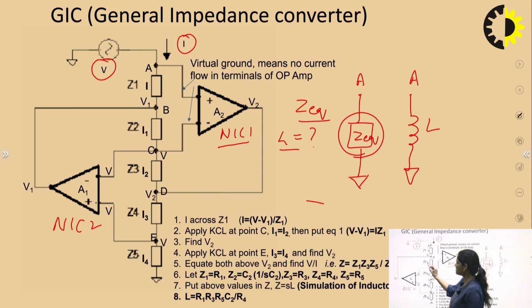Here we consider I1 flowing from this point to this point, I2 flowing from this point to this point, I3 from D to E, and from E to ground we consider I4. So we are assuming these currents I1, I2, I3, I4.